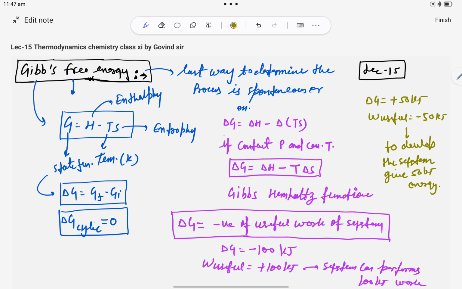If it is like that, then the process is non-spontaneous, and if it is like that, then the process is spontaneous.